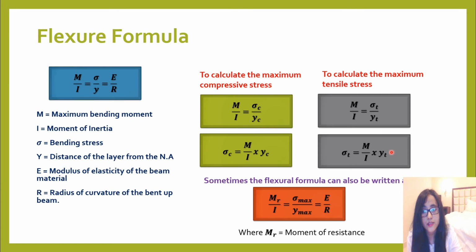Here yt is the distance of the layer from the neutral axis, and this layer will be in the tension zone. Sometimes the flexural formula can also be written in this manner: MR by I equals sigma max by y max equals E by R, where MR is the moment of resistance.